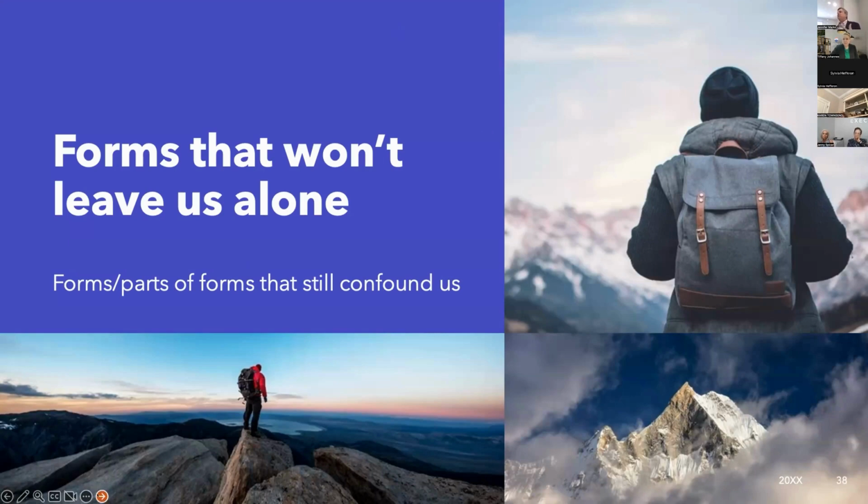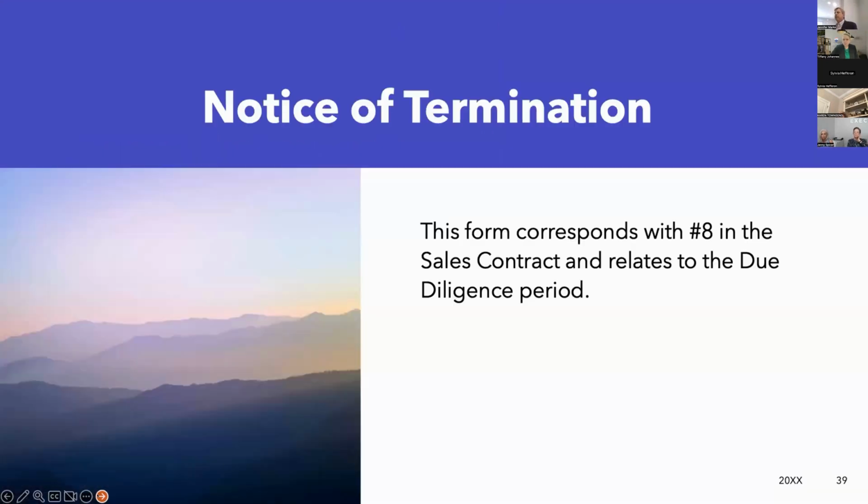Now, just a few things that aren't new, okay? A few things: notice of termination, release of earnest money. Those all come up with at least a decent amount of regularity. And the question that sometimes arises is, are these the same thing? They are not. They are distinct and separate, okay?